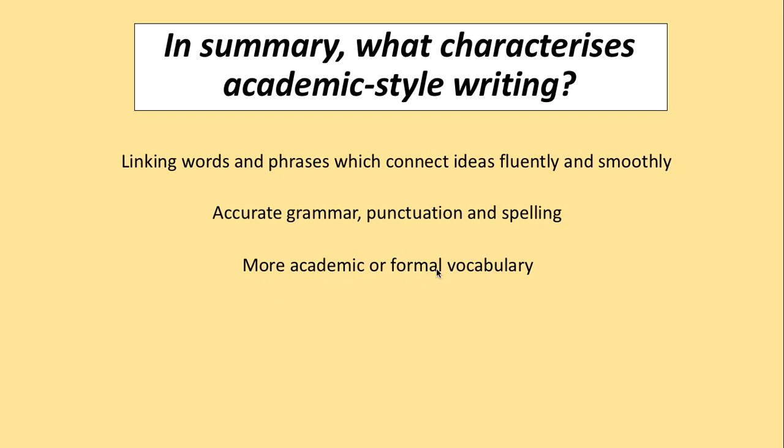More academic or formal vocabulary. We'll talk about that more in a minute. Overall readability. I always advise my students to read their writing out loud to themselves. And then they can hear if something sounds ugly or awkward, or indeed if there are mistakes in the accuracy.